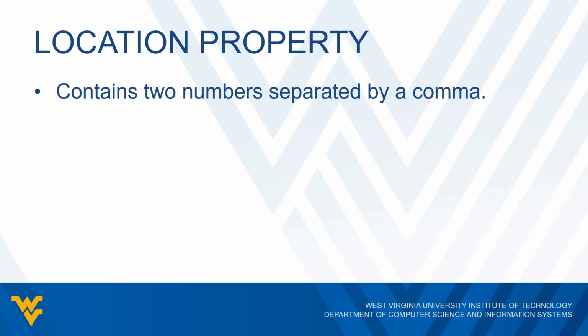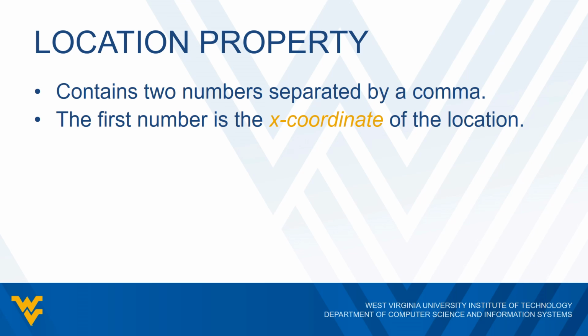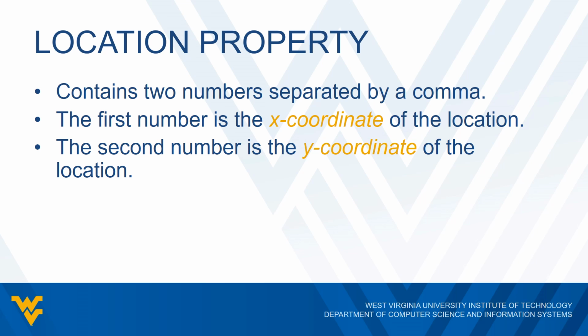The difference now is we're dealing with a specific location. Where does that label appear on our form? In this case, the first number corresponds to the x-coordinate of the position. The x-coordinate means where between left and right this particular label is. The second number is the y-coordinate of the location, so we're talking about up and down.